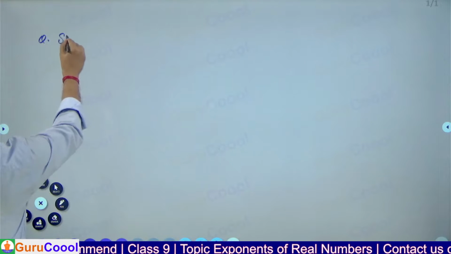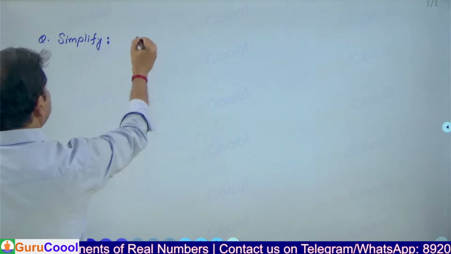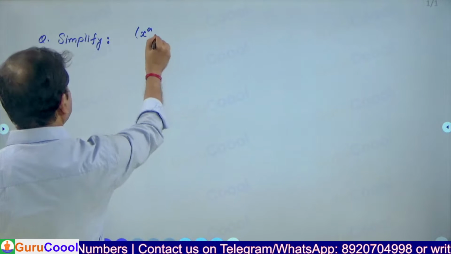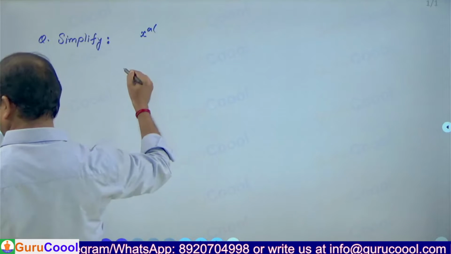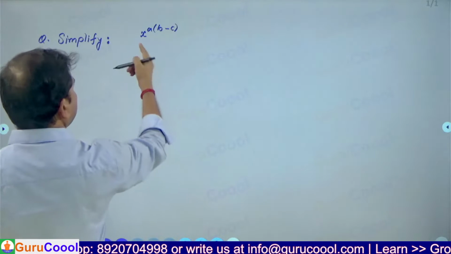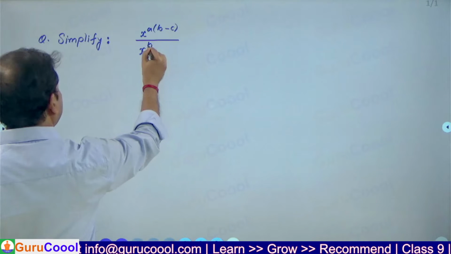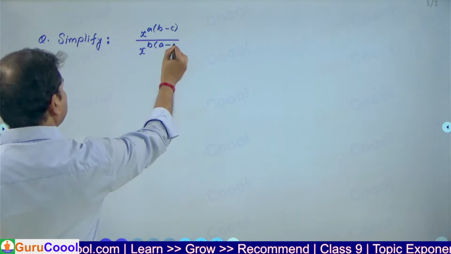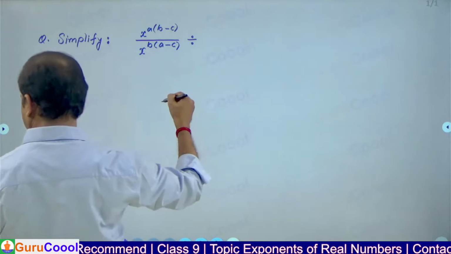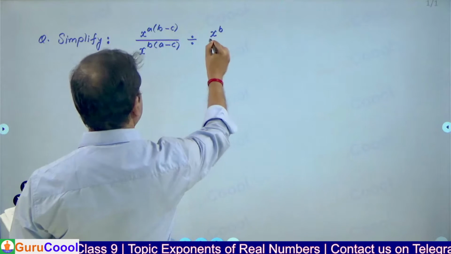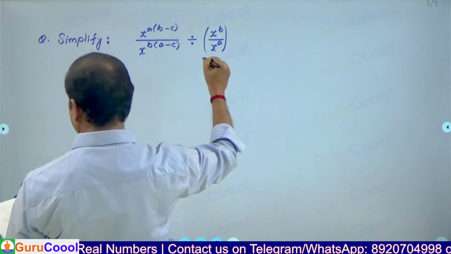You have to simplify this expression: x raised to the power a times (b minus c), divided by x raised to the power b times (a minus c), and the whole thing divided by (x raised to the power b upon x raised to the power a), whole power c.